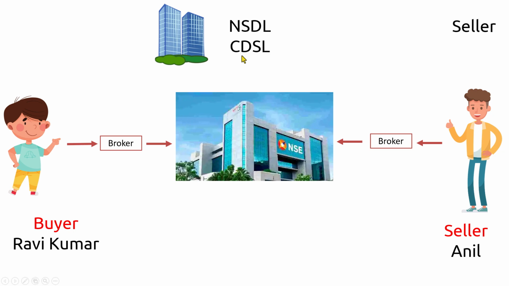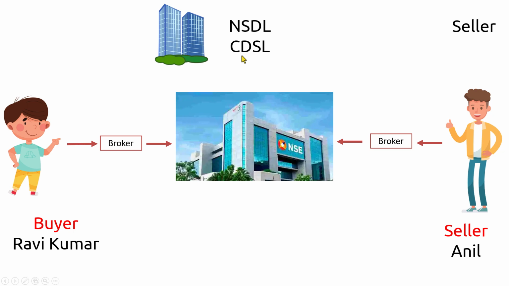Only when the clearing corporation confirms that the money has gone from the buyer to the seller and everything is proper, the shares are reflected in the demat accounts. And for this process to complete, it takes 1 day. That is why we say T plus 1 day.